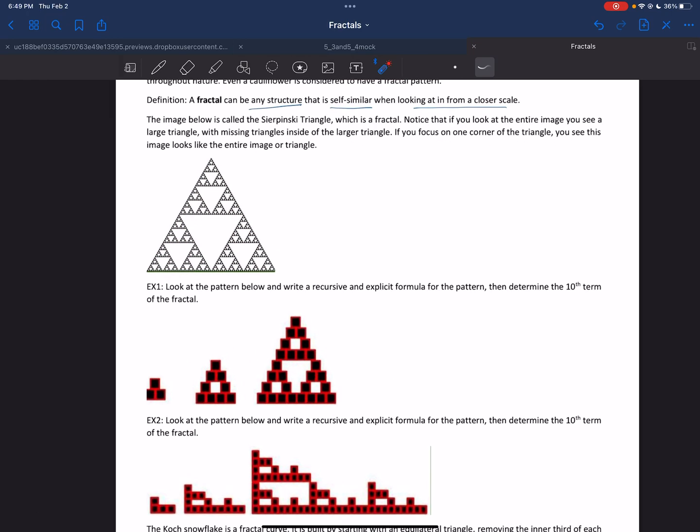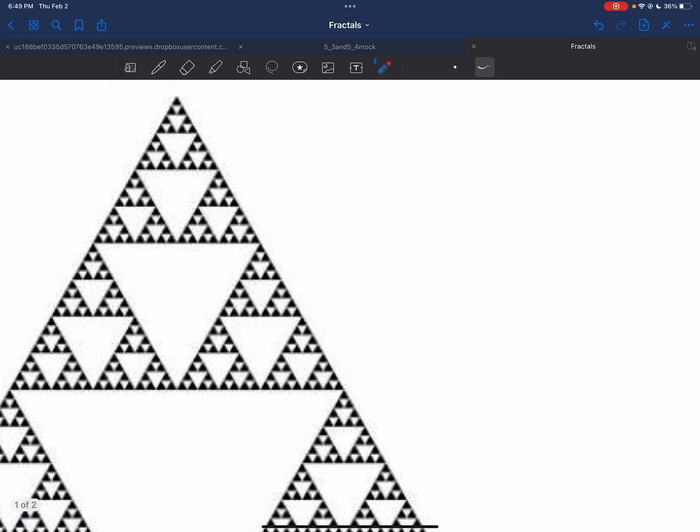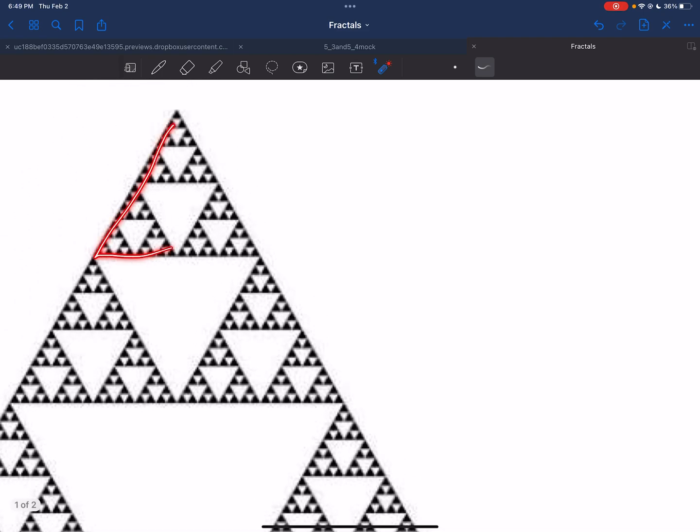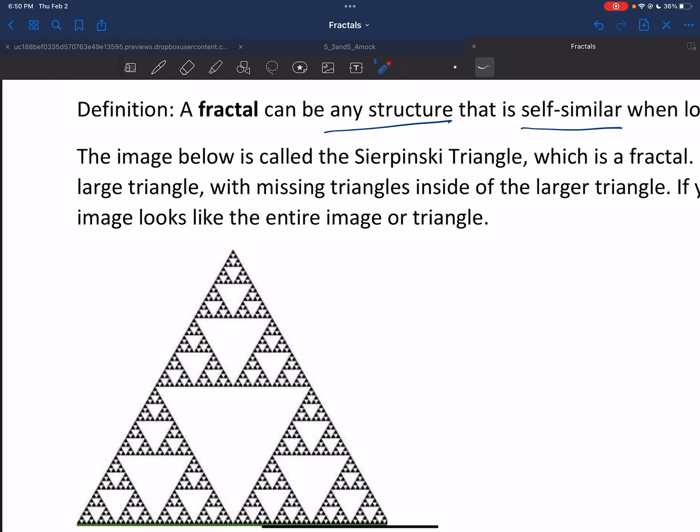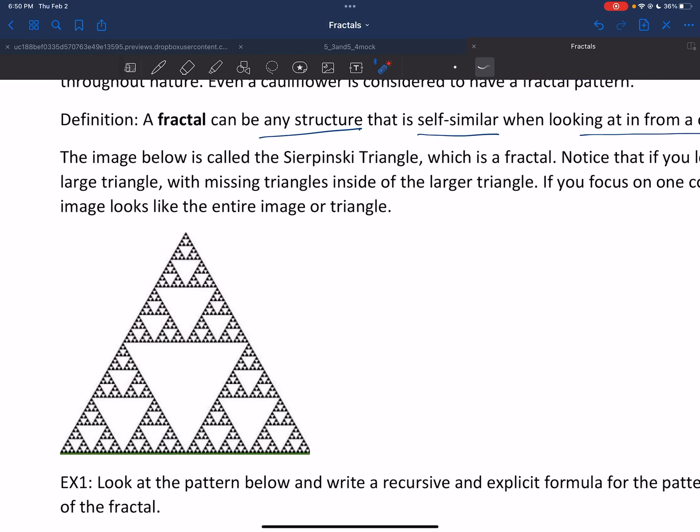When you zoom in super tight, you see almost a repetition of that same thing, where you have those triangles and then ones that are here and then additional ones. So that's an example of a fractal.